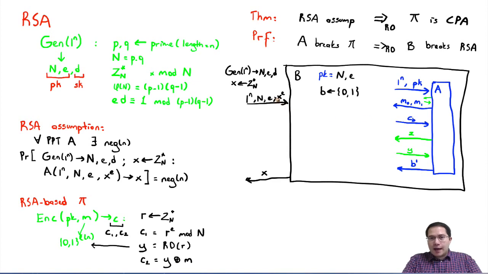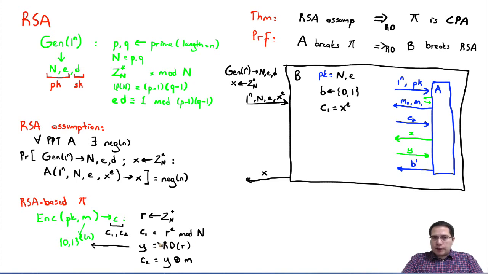Instead, we have x to the power e already given to us for some random x. So what we are going to do is, we will set C1 as x to the power e that is given to us. So we are simulating C1 perfectly, but we are using the input given to us. Now we also need to simulate C2.